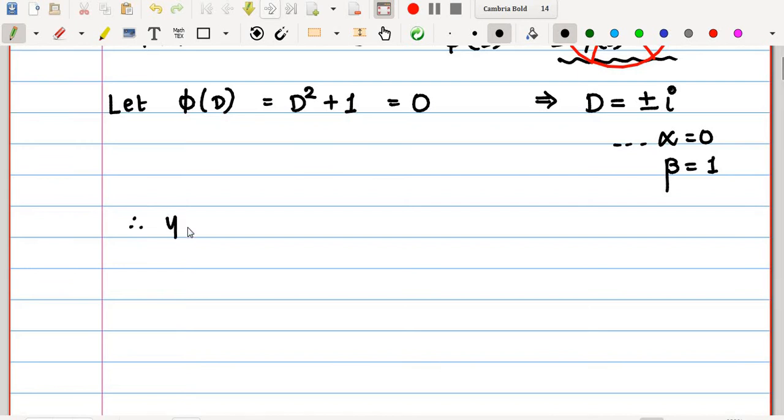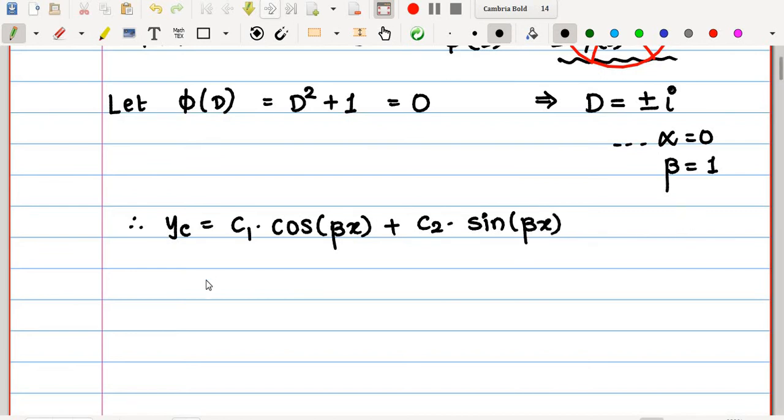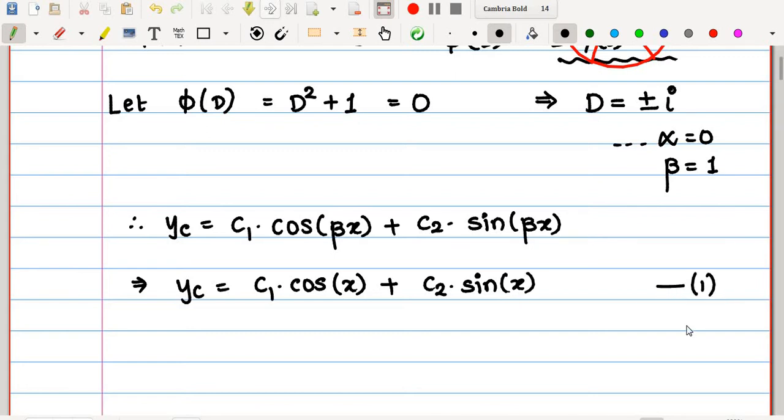Therefore our required complementary function is e to the alpha x times c1 cos beta x plus c2 sin beta x. If we substitute values for alpha and beta, since alpha is 0, there will be no exponential term. So the complementary function is c1 cos x plus c2 sin x. We call this equation number 1.